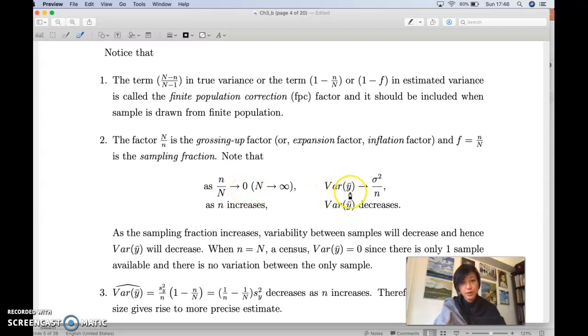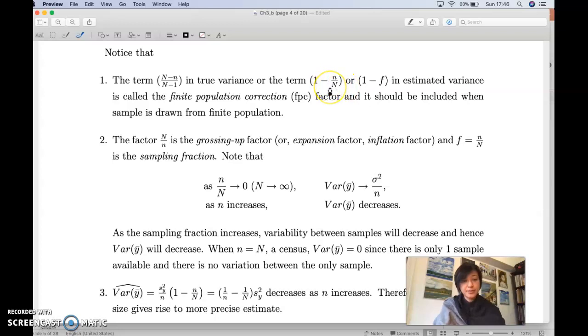Then the variance of y bar tends to go back to the infinite population case, equal to sigma square over n.